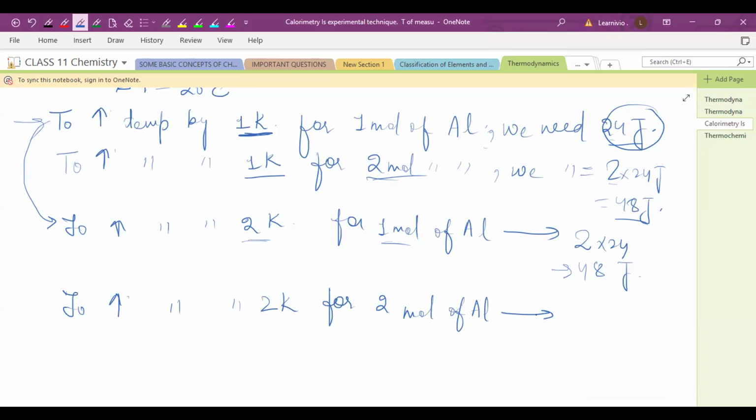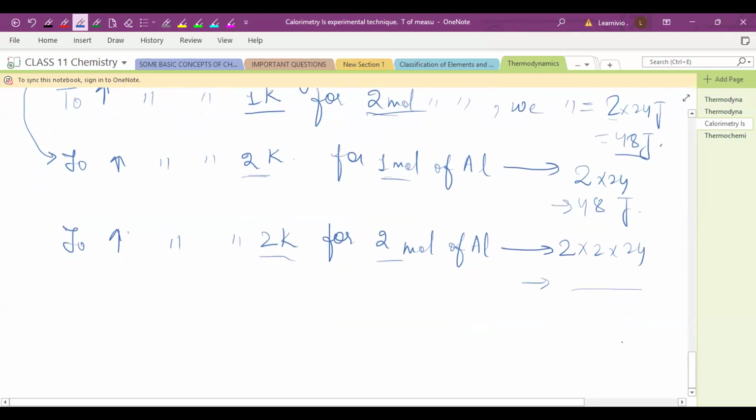Ma'am, you have to multiply 24 into 4. Yes, very good. 24 multiplied by 2 into 2 means 4, so you will get 96.